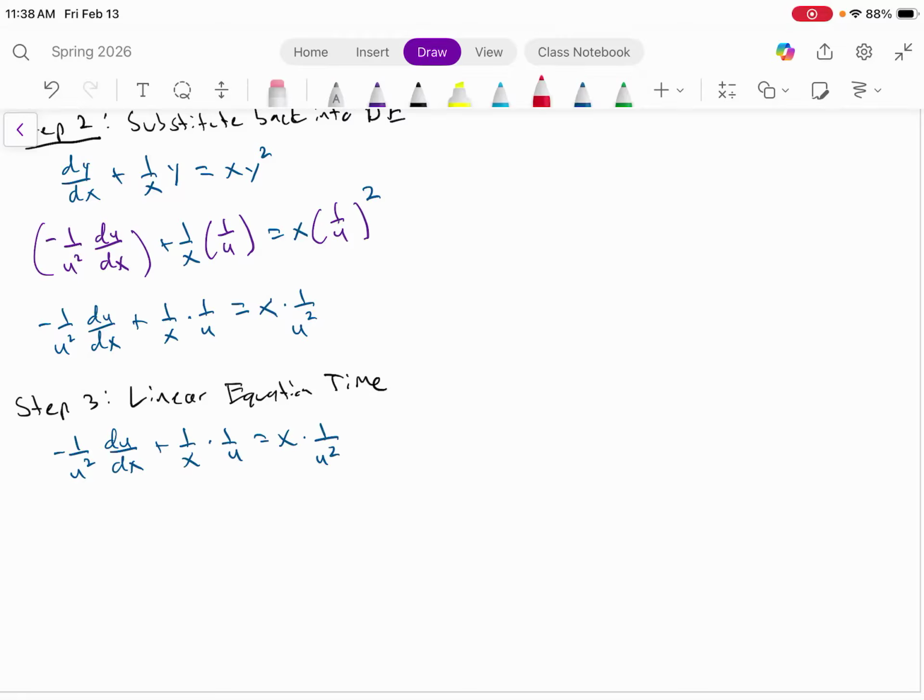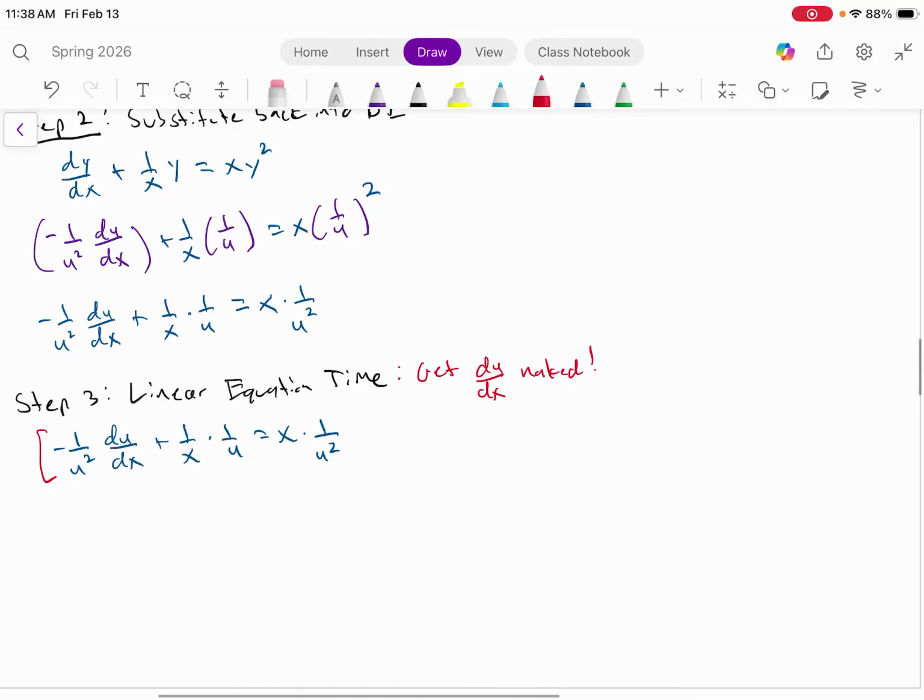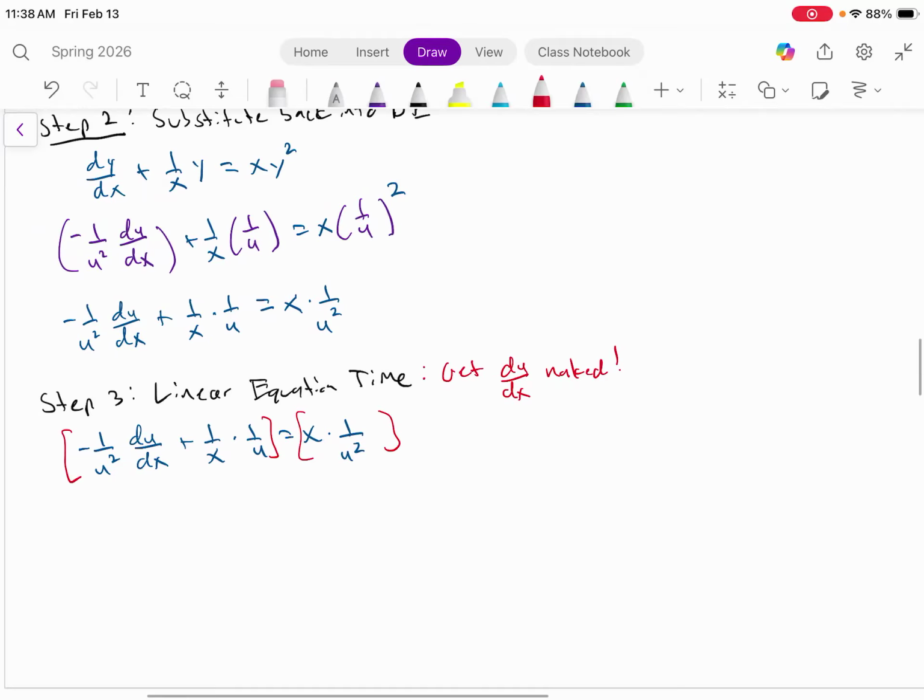So what I'm going to do is multiply both sides by negative u squared to get my derivative du over dx naked.